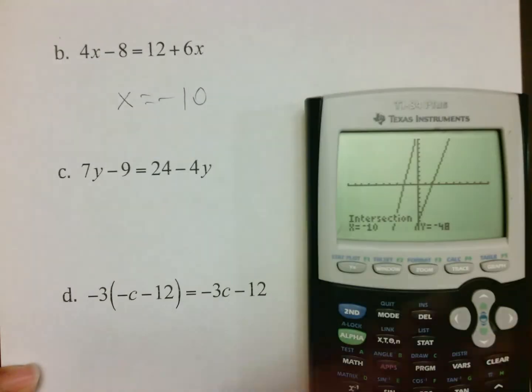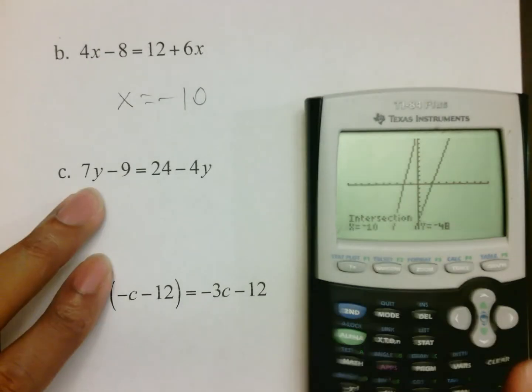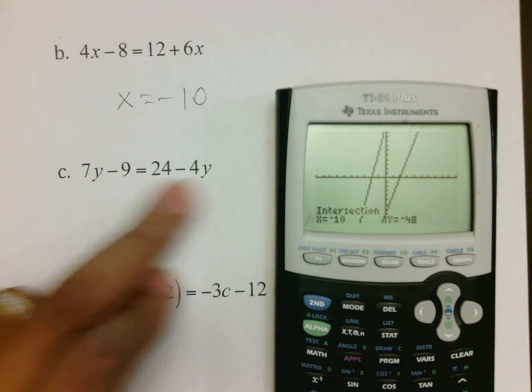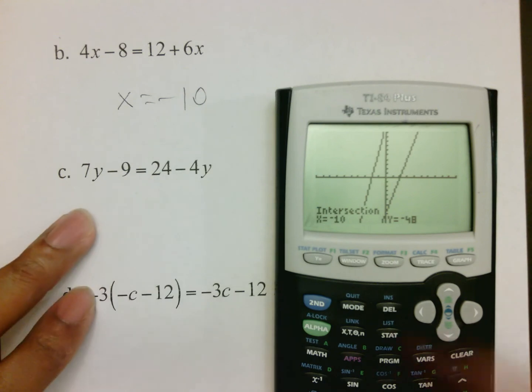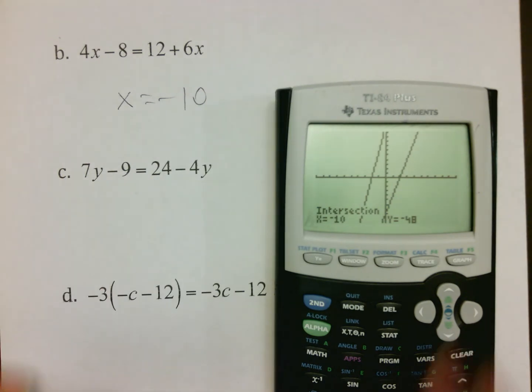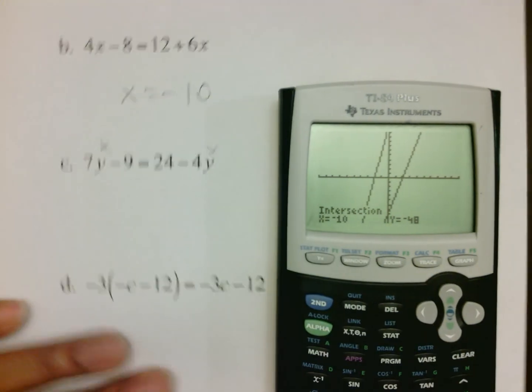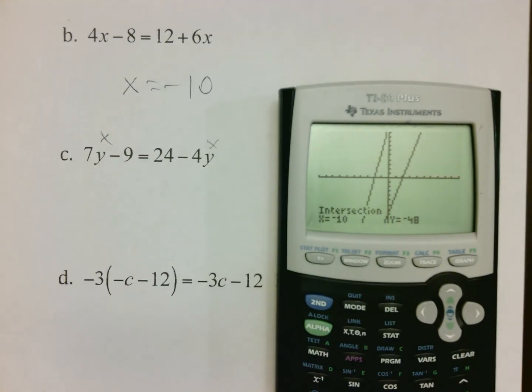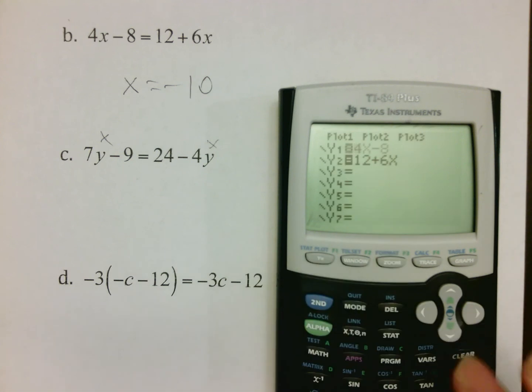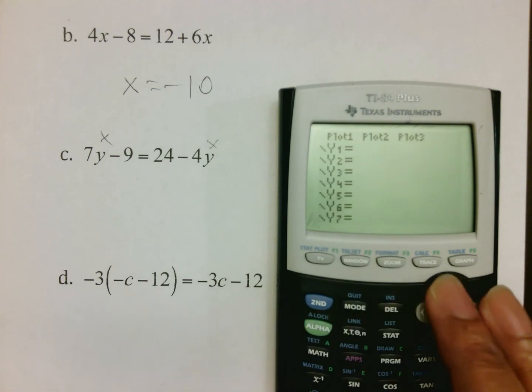Easy stuff. C, typing this in, 7y minus 9. Now I understand it says 7y minus 9, but we're still going to use the same button, and we're going to actually assume that this is an x. Whenever you use your graphing calculator to solve, we are solving for x every time, because it doesn't have other letters in it. So we're just going to work it out as if it says 7x minus 9 and 24 minus 4x.